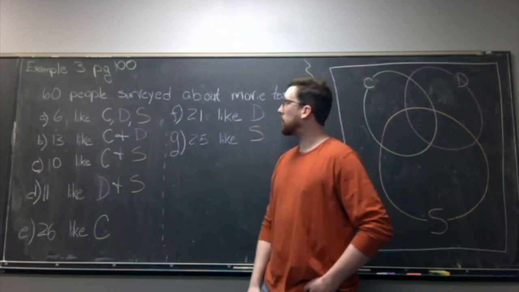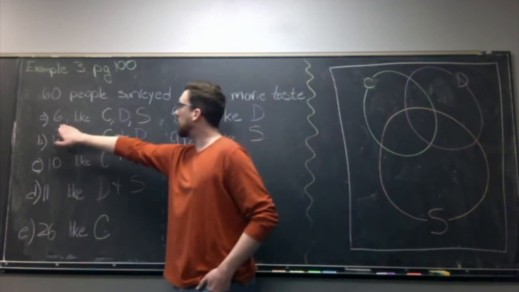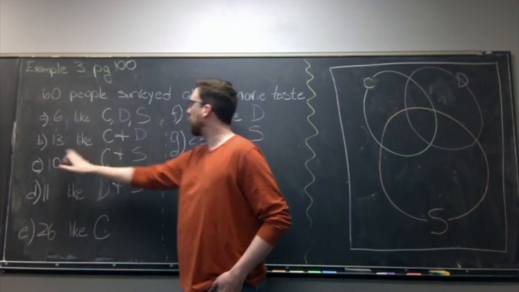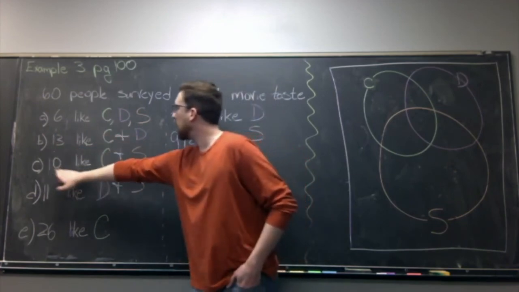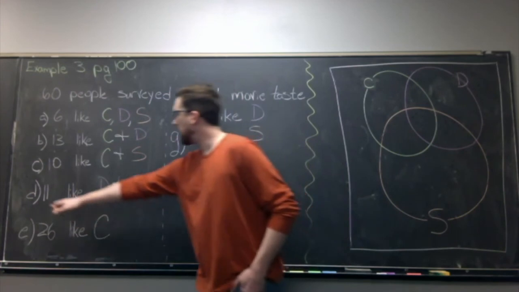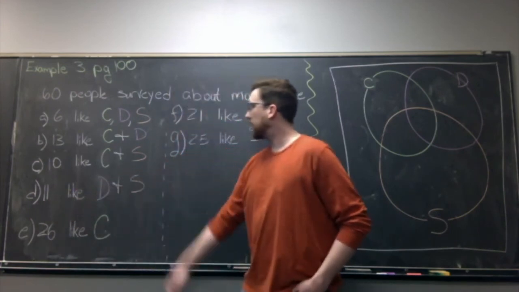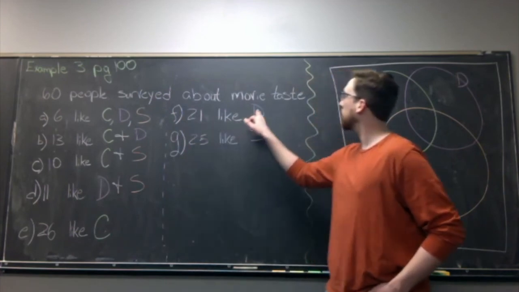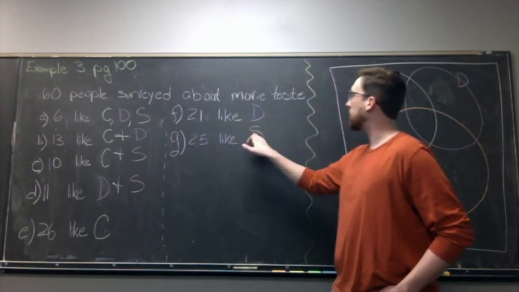Of those 60 people, 6 tell us they like comedy, drama, and science fiction, 13 comedy and drama, 10 comedy and science fiction, 11 drama and science fiction, 26 comedy, 21 drama, 25 science fiction.